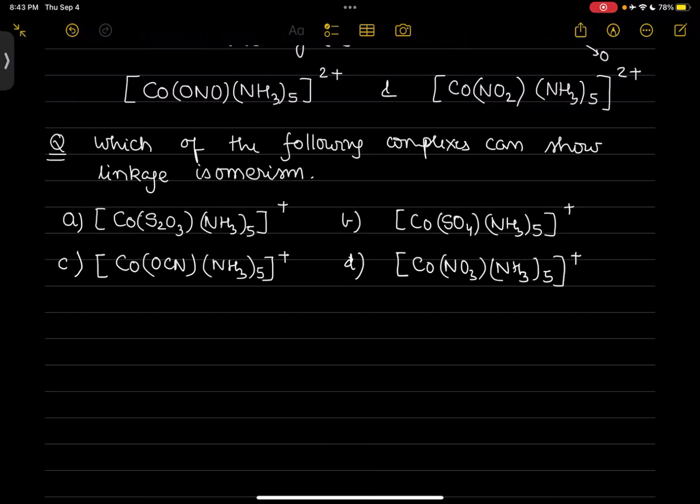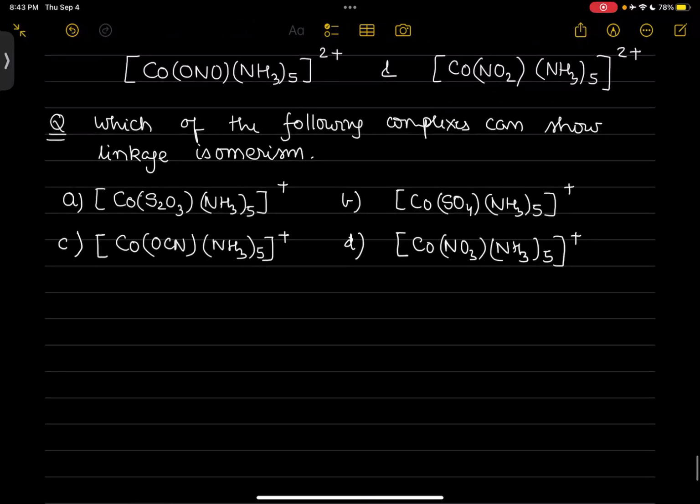So which of the following? Yes, Jasleen, your answer is correct. Aisha and Marwa, what could be the right answer? Yeah, Marwa.